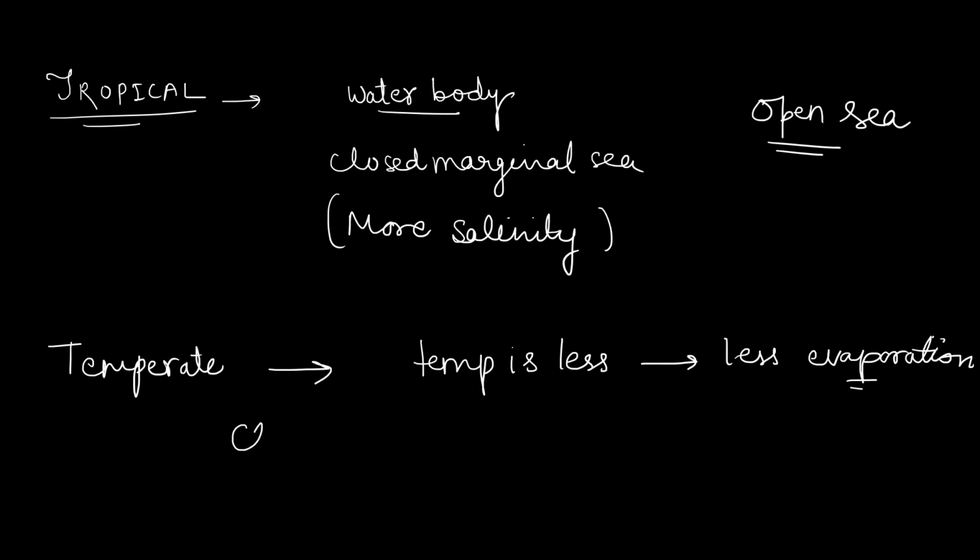So in the case of closed seas or smaller seas also, we would have lesser salinity. Depending on the latitude, we are going to see some differentiation here. We are going to look at various examples by which we can differentiate which region would have more salinity and which would have lesser salinity.